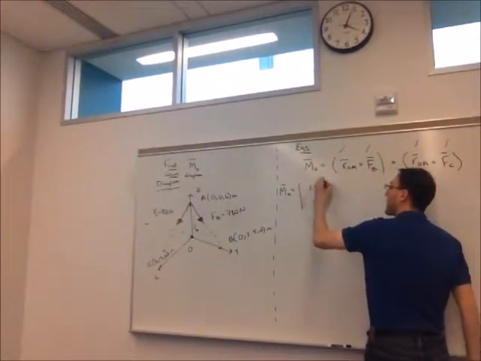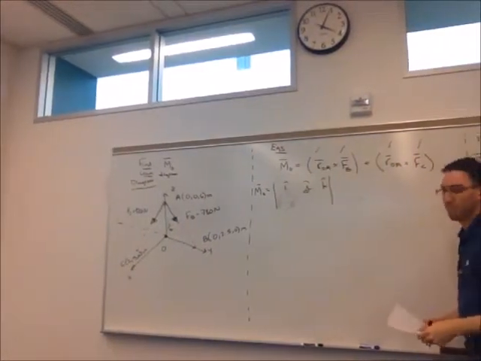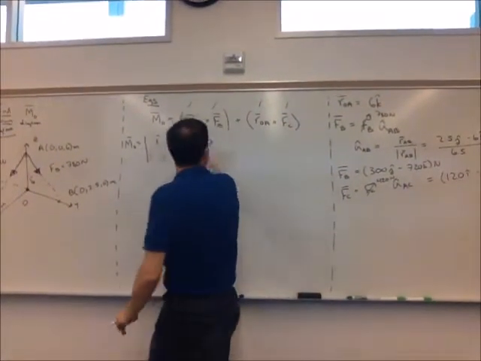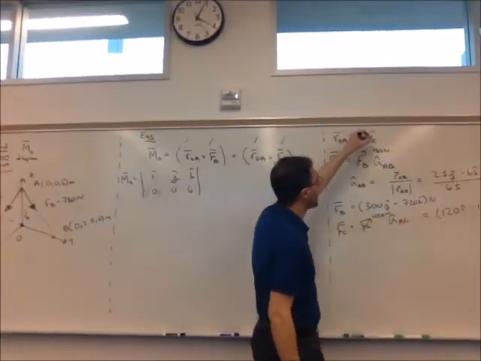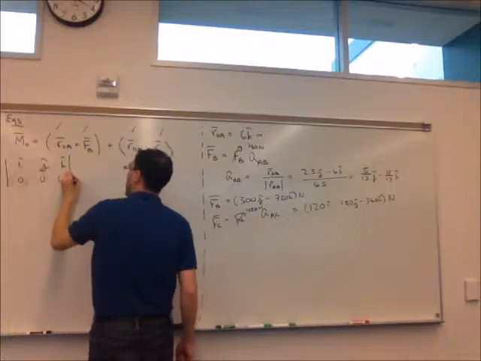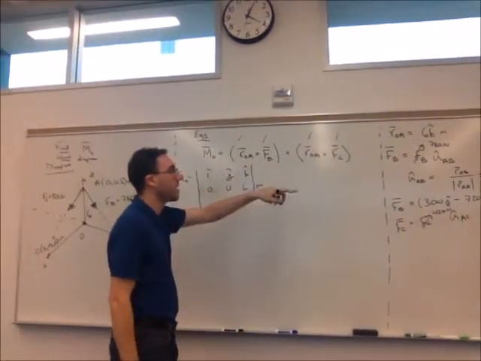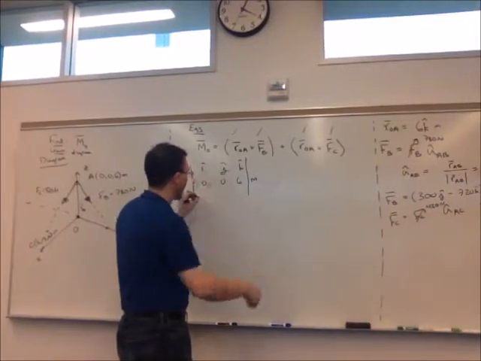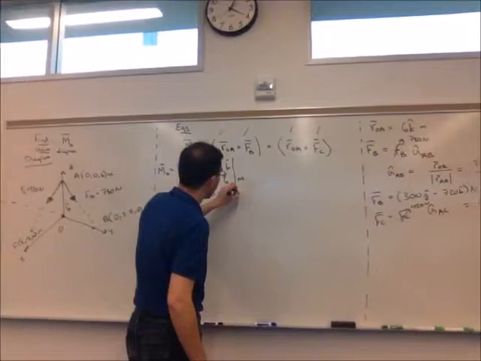So we can now write these using the determinant. ROA is going to be 0, 0, 6. This is in meters. And the components of FB are going to be, we have it down there, 0, 300, negative 720 newtons.